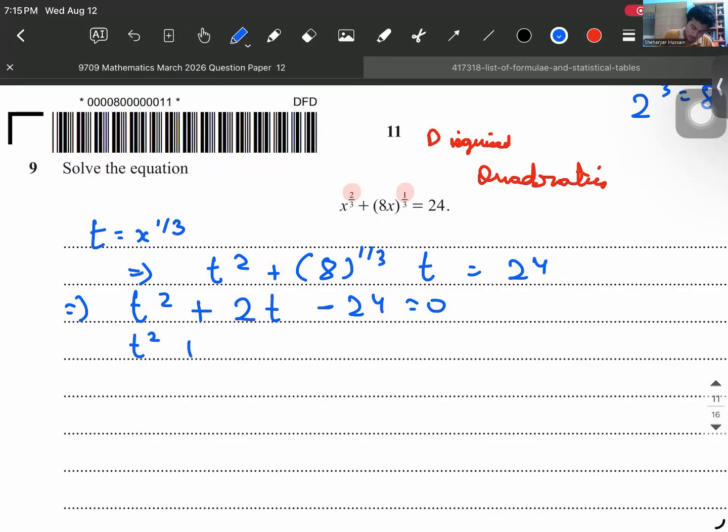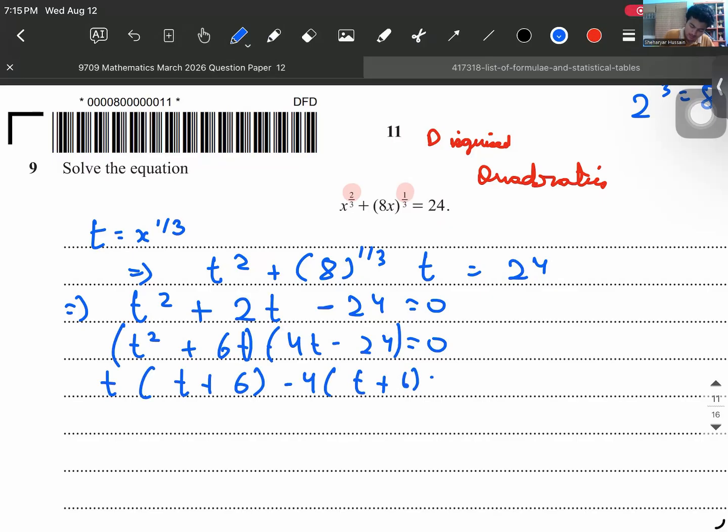So plus 6t minus 4t minus 24 equals 0. Taking t common here, this becomes t plus 6. Taking negative 4 common here, this becomes t plus 6. (t minus 4)(t plus 6) equals 0, t equals 4, t equals negative 6.